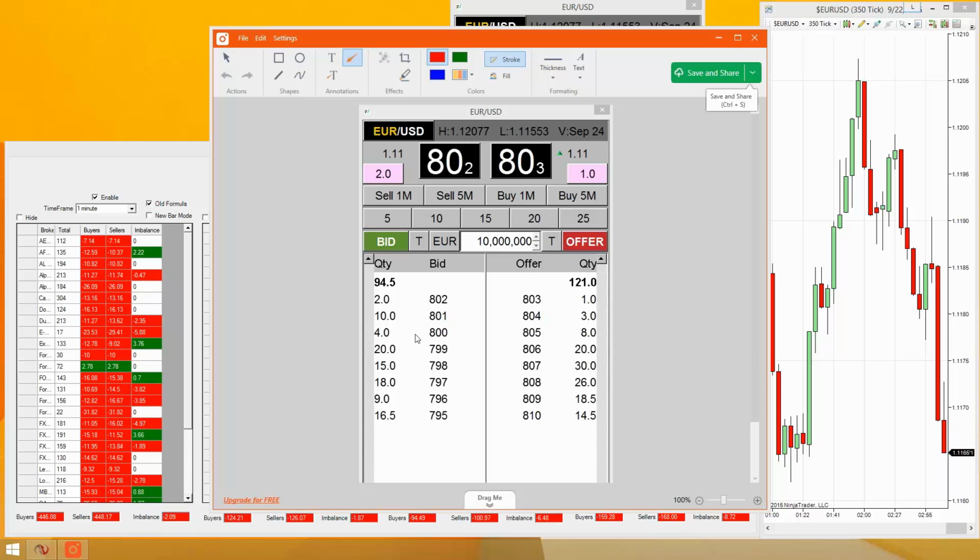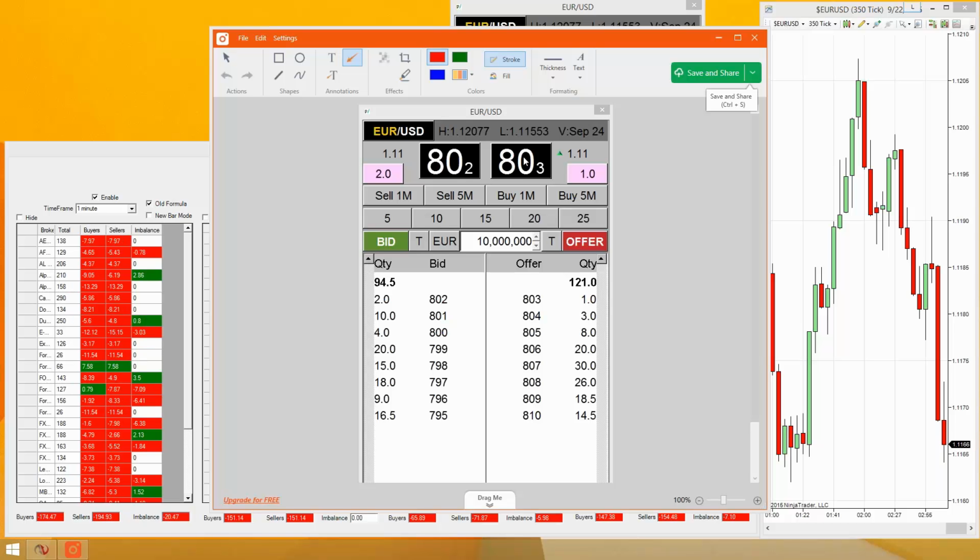What you need to do, first of all, is think about it from a market maker point of view. The market maker is buying on this side and selling on this side, right? They're selling at the offers, buying at the bids, and we do exactly the opposite.